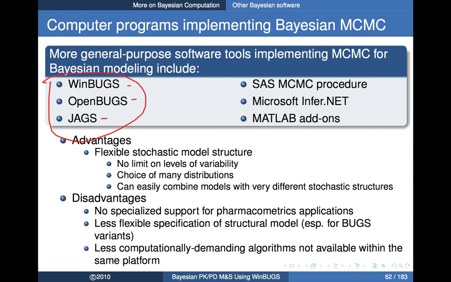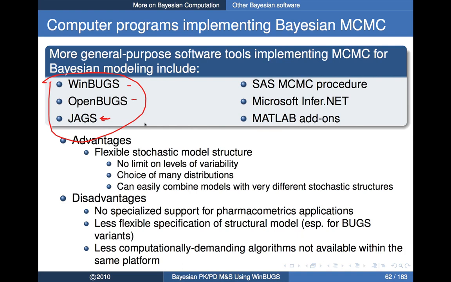The BUGS ones have been around a little longer. JAGS tends to be on average a bit slower, though the last version is an improvement. But it has the advantage that it's more platform independent.